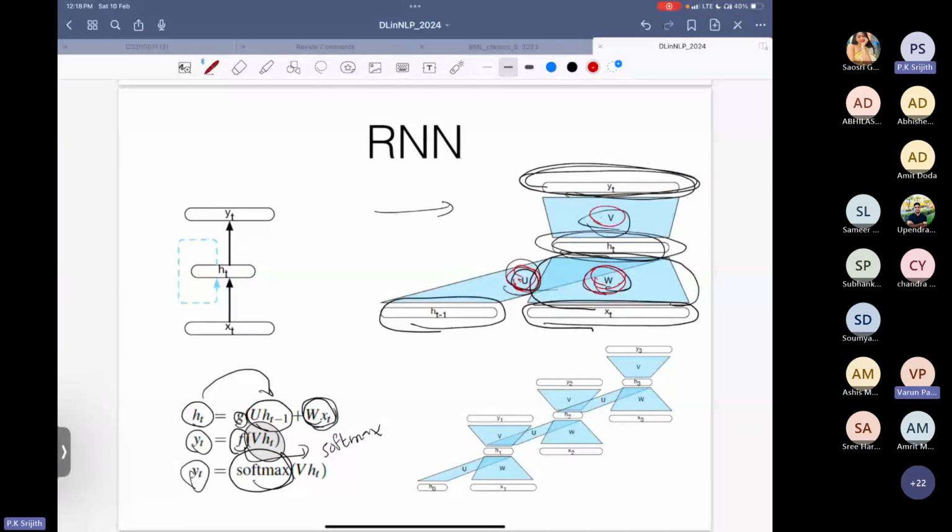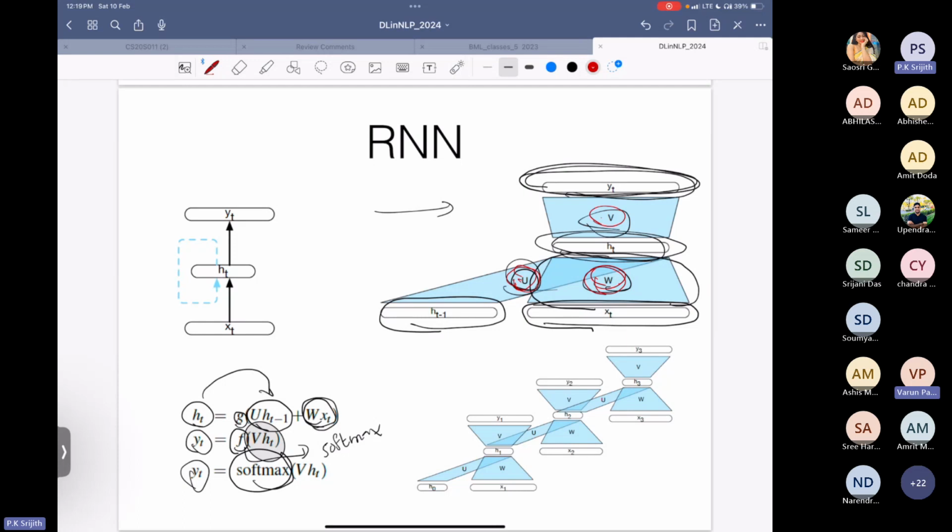You have seen some sequence of words, and it's a representation of the summary of all the words that you have seen so far. So in a way, it is similar to the max pooling operation in that context, what we do in CNN. Max pooling just selects one of them, right?